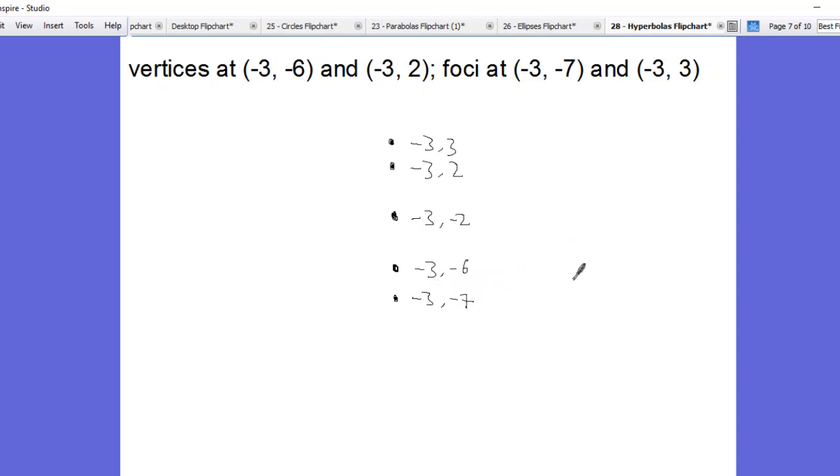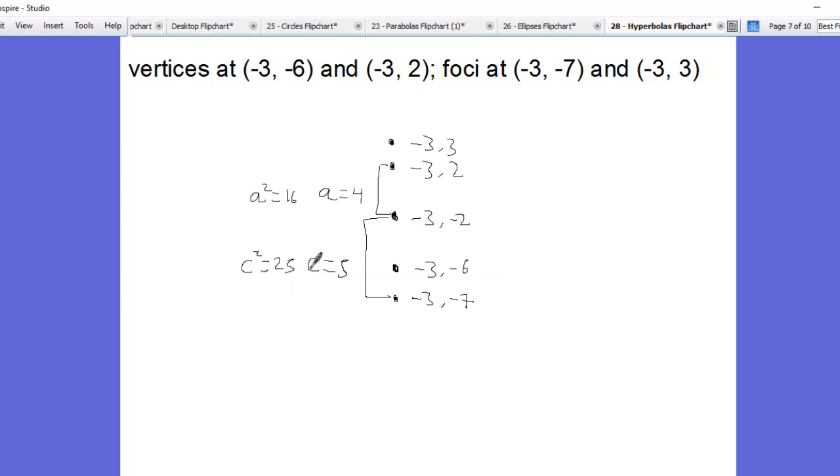All right. We know that our a value is 4, because that's the distance from the center to the vertex. We also know that c is equal to 5, since -2 minus 5 is -7. So c has a length of 5. So now we just need to find b. If a is equal to 4, a squared equals 16, and if c equals 5, c squared equals 25.